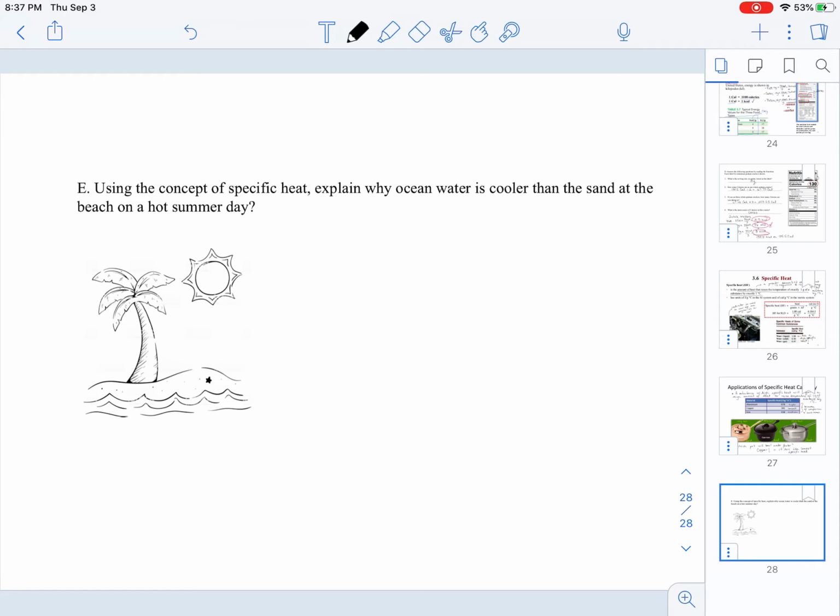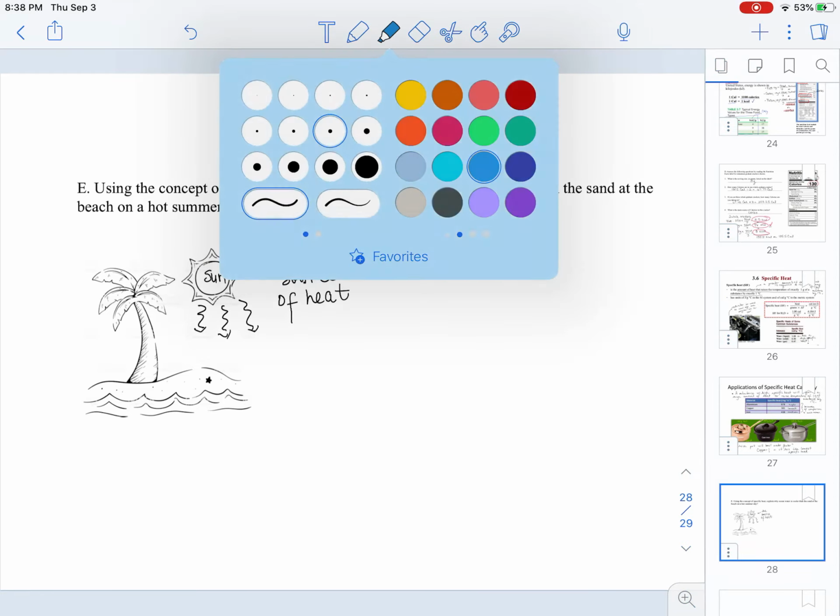Well, if we rationalize it, here we have the sun. And the sun is the one that is going to be producing the heat. So this is going to be the source of heat that is going to be applied to the sand or the water. Let me just color them both.